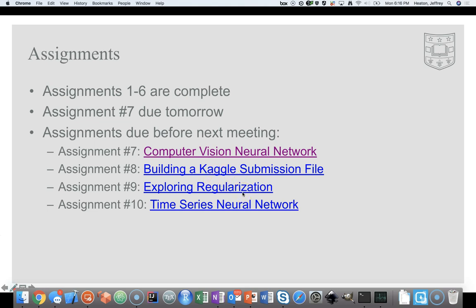Now, also, that's just one of the options. If you want to choose a project of your own creation for the final project, that is also good. So if there's some data set that you have and you have access to, or some particular thing you would like to apply deep learning to, then that is something that you can spend your last few weeks working on for the final project.